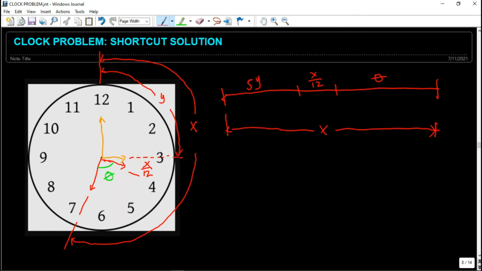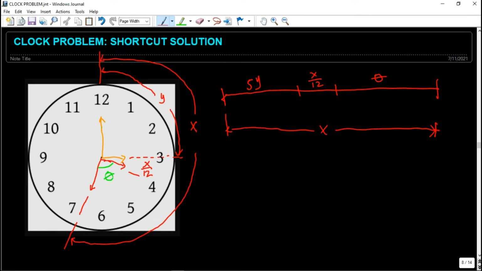Kasi we all know that kada isang guhit dito, kada isang dial, that is 5 minutes. Okay, so kung ito naka-oras, kung i-convert natin to minutes spaces, kailangan natin mag-multiply ng 5. Kasi kada dial nito is 5 minutes. Okay, so that is 5y where y is in hour spaces. Nag-multiply tayo ng 5 para maging minute spaces siya.